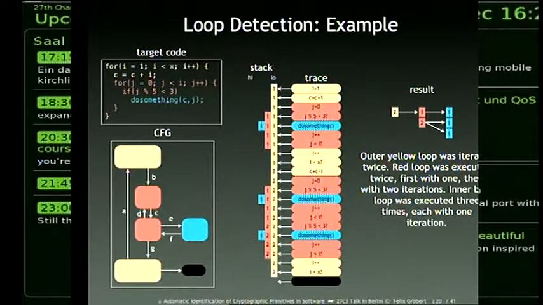So here's an example of the loop detection algorithm. On the top left, you see the target code, which should be detected. The loop detection works by using a loop stack. Again, if an instruction has been executed multiple times, the iteration is incremented on the loop stack, which you see right here.